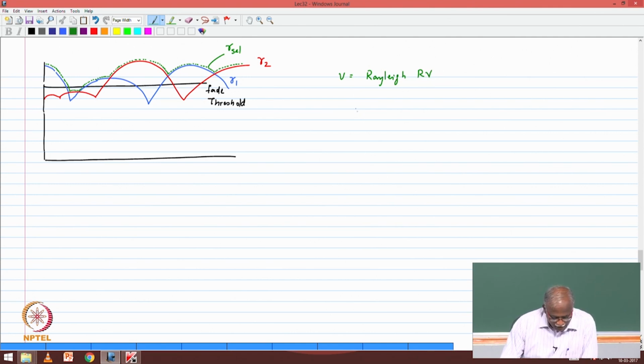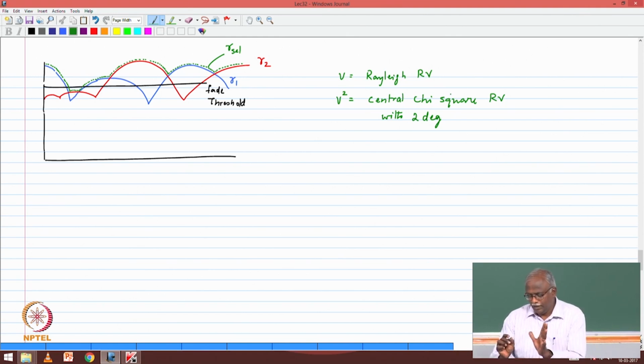If I look at the random variable V squared, this is a central chi-square random variable with 2 degrees of freedom, which we have seen earlier.